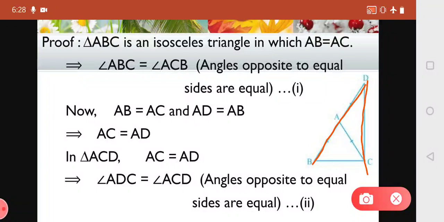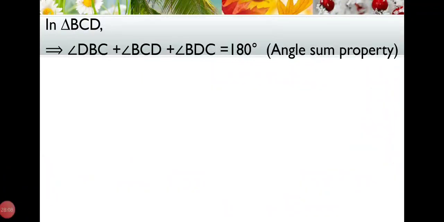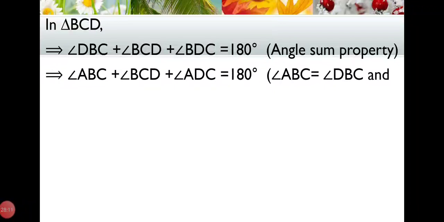In place of BDC, we will write ADC. The same angle remains the same. As A is a point on BD, we can select ADC also and BDC also. Implies that angle ABC plus angle BCD plus angle ADC equal to 180 degrees, because angle ABC is nothing but angle DBC and angle BDC is nothing but angle ADC.